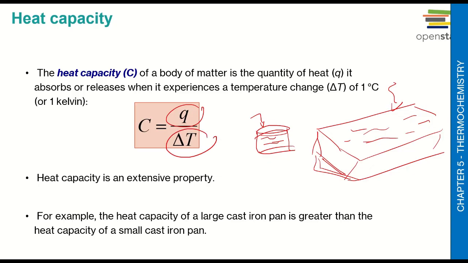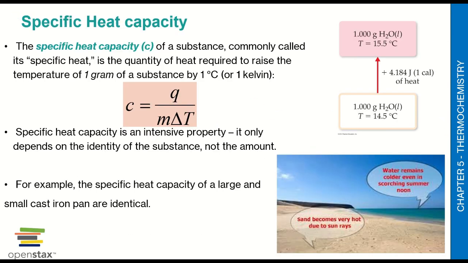So the heat capacity of a large cast iron pan is greater than the heat capacity of a small cast iron pan. And it's important to understand that. So the quantity here will matter, right? But this is why in chemistry, we're going to work with the specific heat capacity, commonly called specific heat, which is the quantity of heat required to raise the temperature of 1 gram of a substance by 1 Celsius degree.